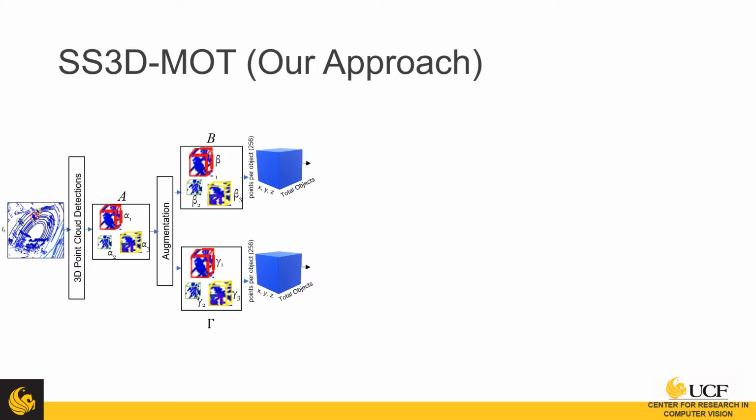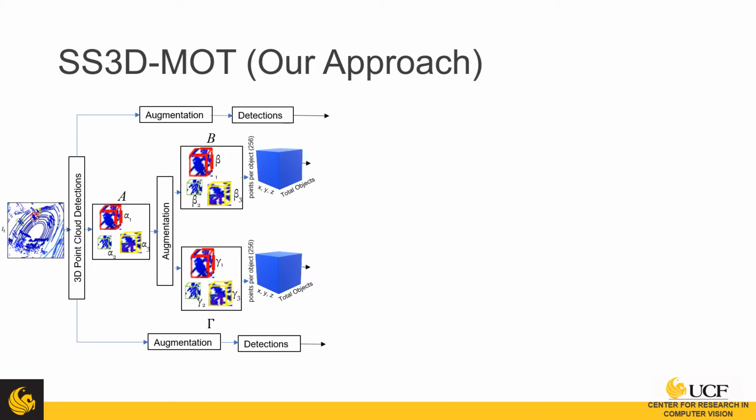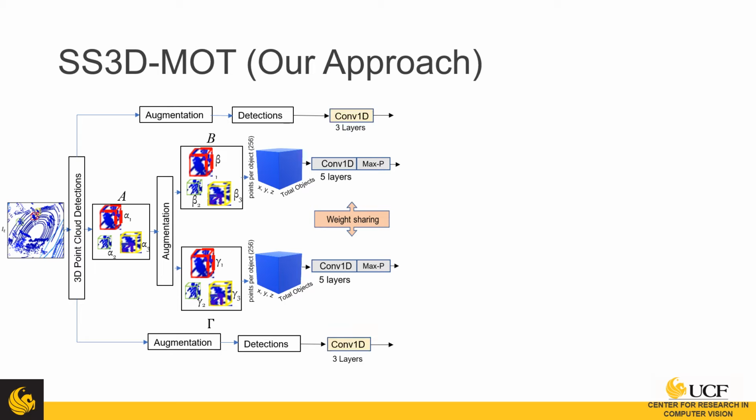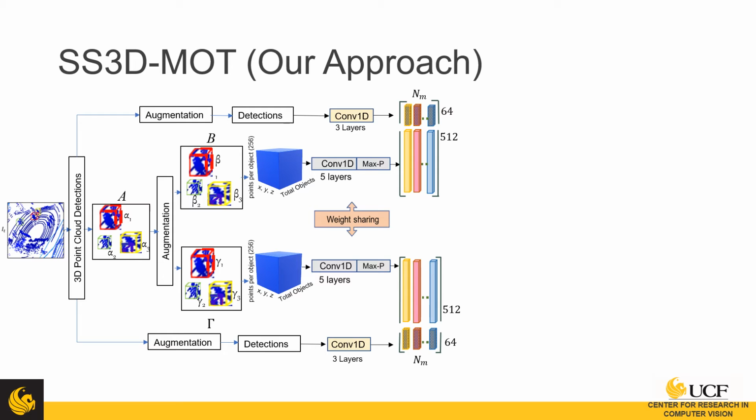And then we limit the number of points per object and create this 3D tensor which represents all the objects within the frame. In parallel, we also perform the same augmentation techniques on the corresponding bounding boxes of the objects, and then we use a feature extractor to extract the features of the bounding boxes as well as the objects.